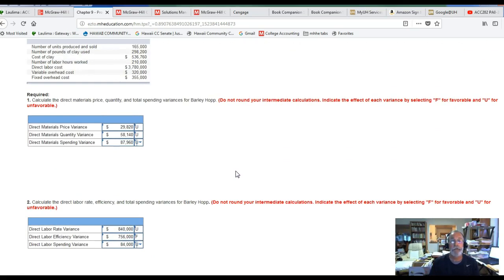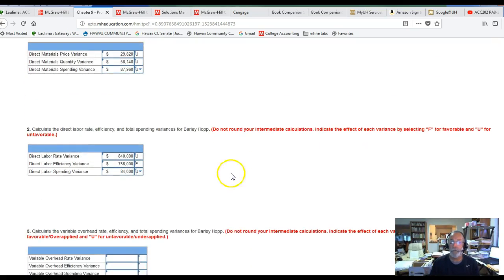Okay. So the last item, the last set of variances that we want to calculate is overhead, just as we calculated variances for materials and labor. We also do the same for overhead.